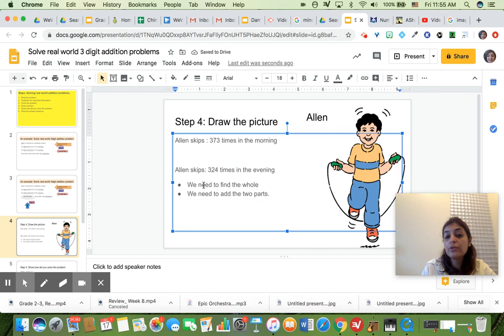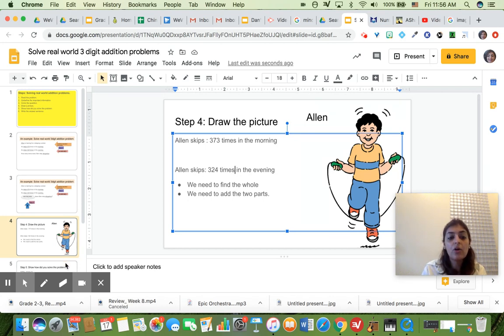So I have also written we need to find the whole because the word altogether tells me that I need to find the total. And these two, 373 times and 324 times, are the two parts. So I need to bring those two parts together to find the whole. When we bring part and part together, it becomes the whole.